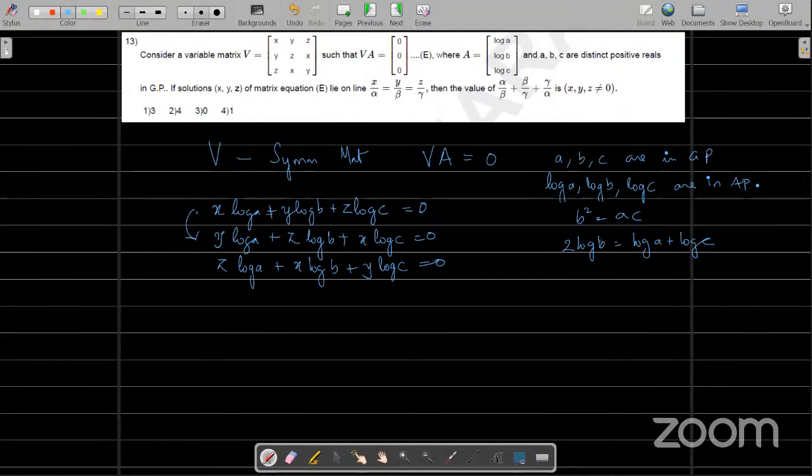At most I have B square equal to AC. Log A plus log C is there.